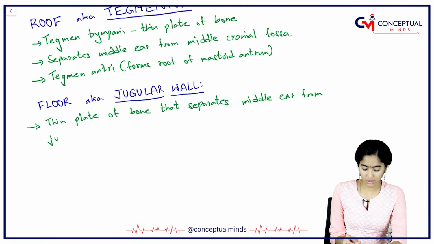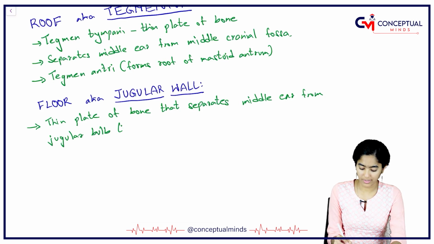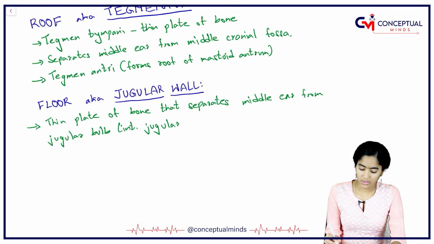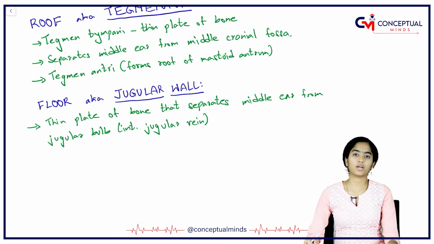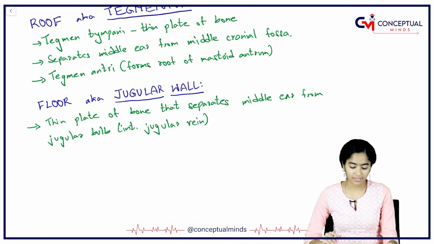What is the jugular bulb? Internal jugular vein. So this thin plate of bone is separating the internal jugular vein from the middle ear cavity. That is the jugular vein.